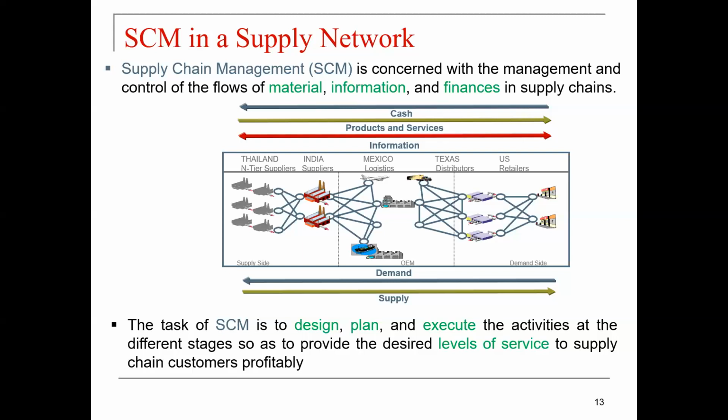So the task of supply chain management is to design, plan, and execute the activities at the different stages so as to provide the desired levels of service to supply chain customers profitably.